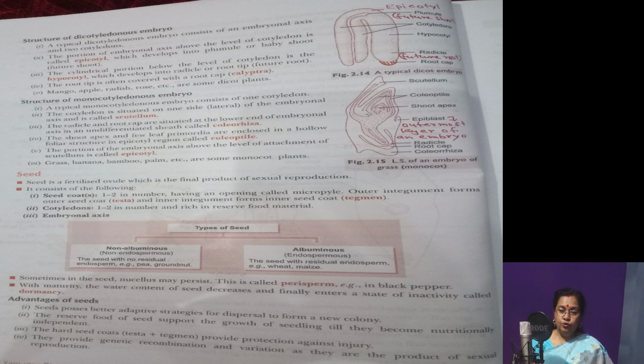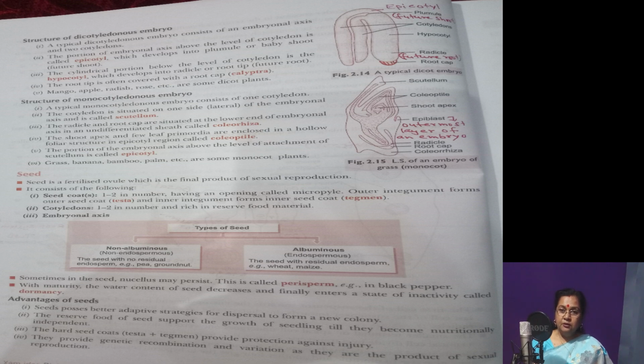Inside these two layers, cotyledons are protected. In dicot seed, there are two cotyledons, and the embryo with plumule and radicle is protected. But in monocot seeds, the endosperm part is the largest part and the embryo is the smaller part.